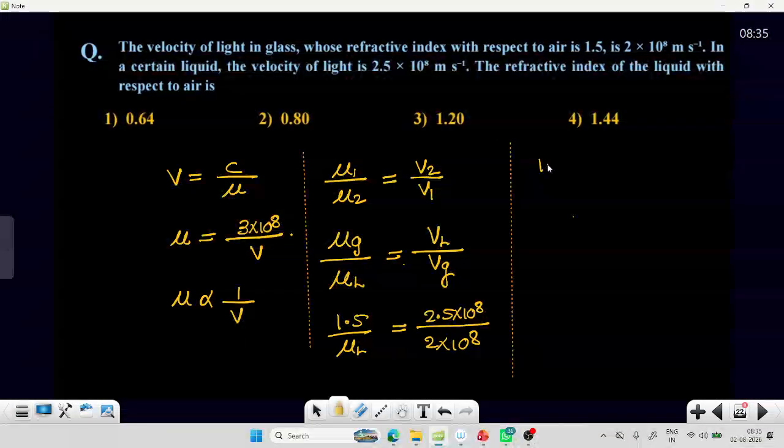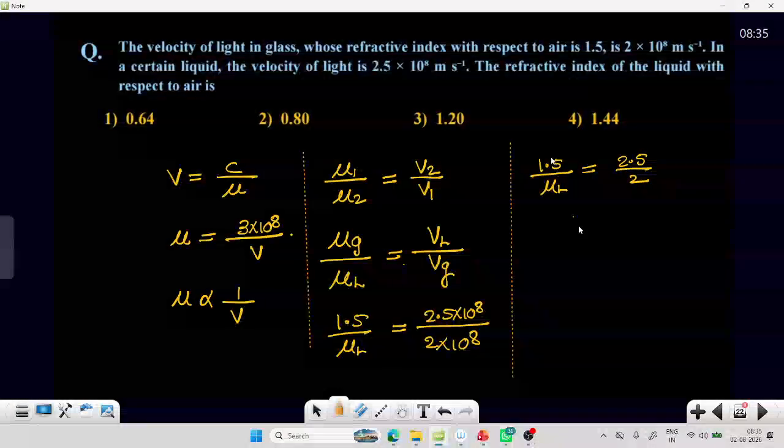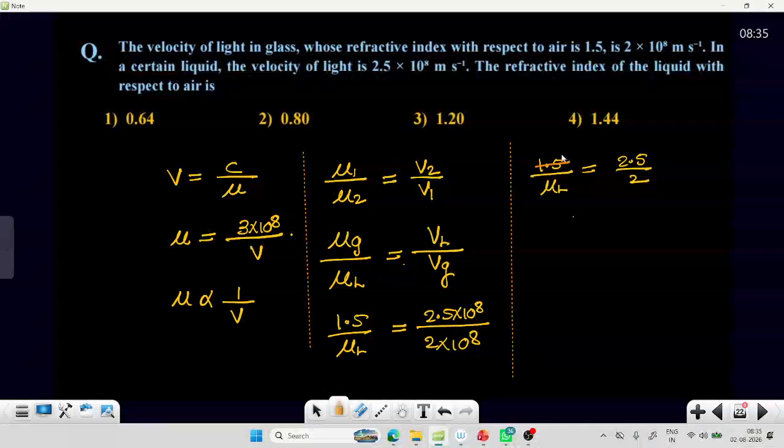So 1.5 by mu L will be equal to 2.5 by 2. After cancellations, mu L will be equal to 6 by 5, that means 1.2.